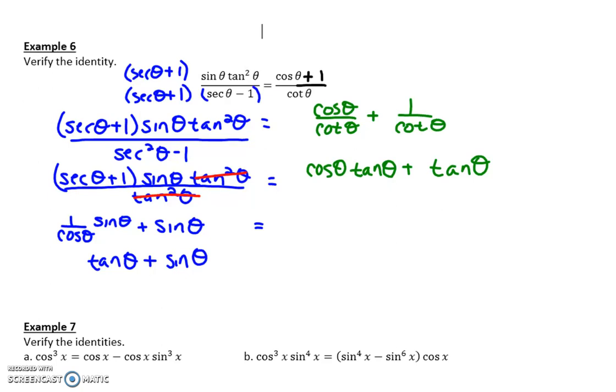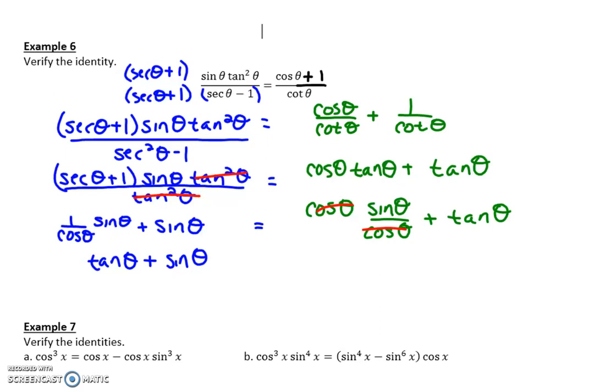Okay, so that's good. And then if I do cosine of theta times tangent of theta, remember that tangent of theta is sine over cosine. So then what's going to happen with those cosines? Ooh, they're going to cancel. Yay. All right, so then I end up with sine of theta plus tangent of theta, which is what I have on the left-hand side.